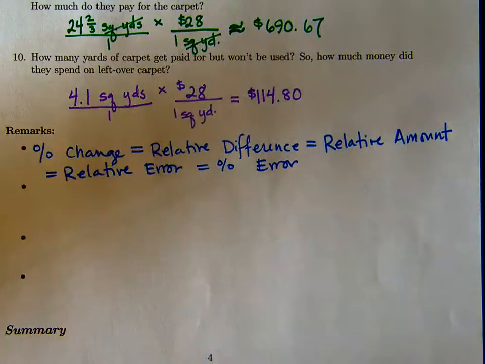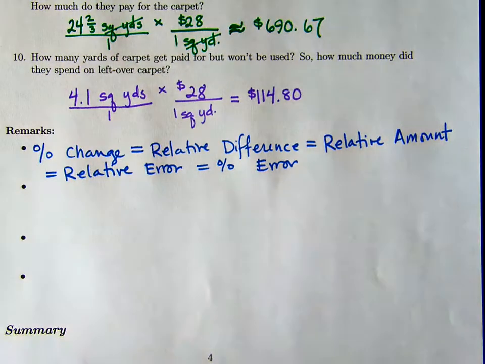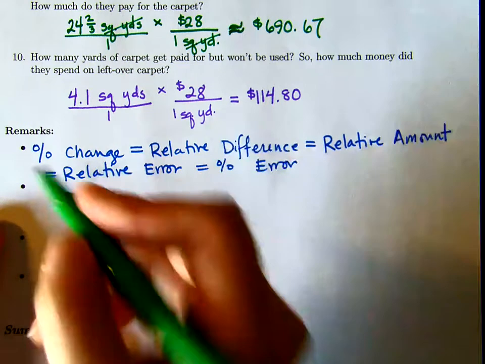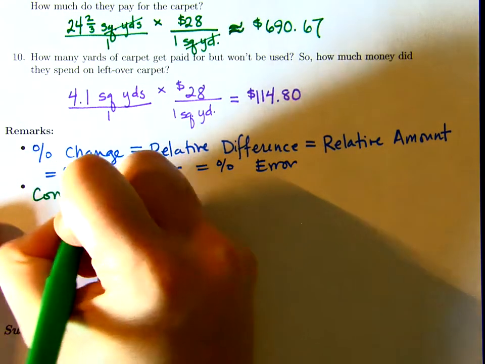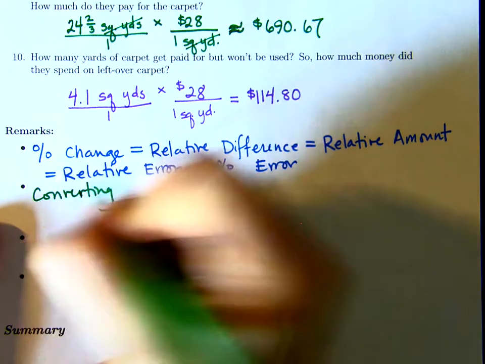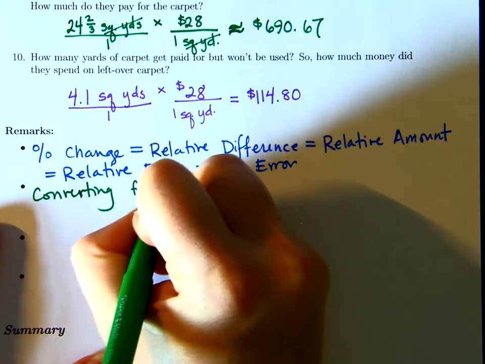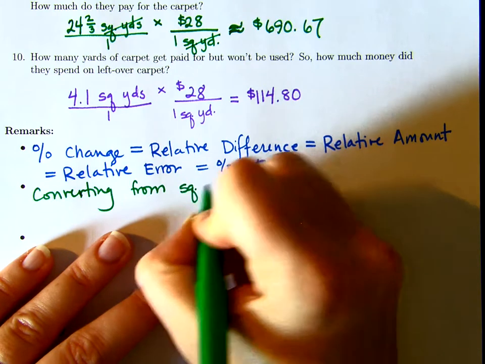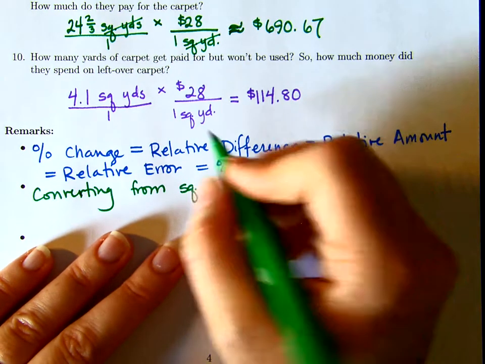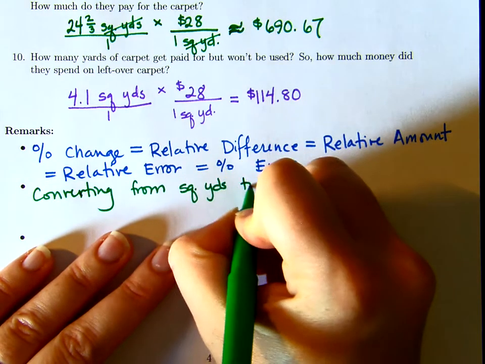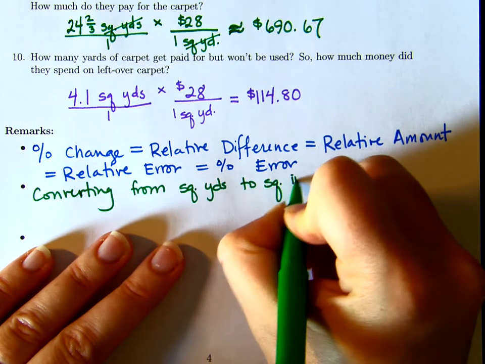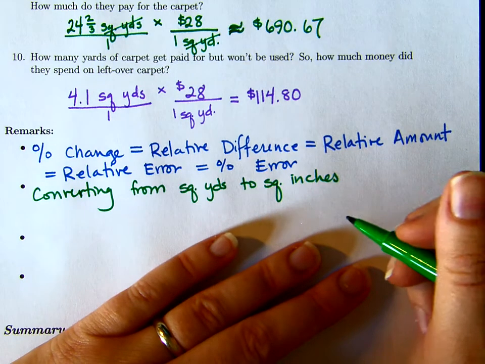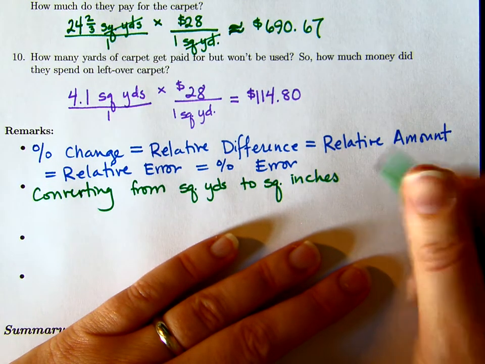Also, something big happened here. When we were converting from square yards to square inches, we needed to convert each dimension.